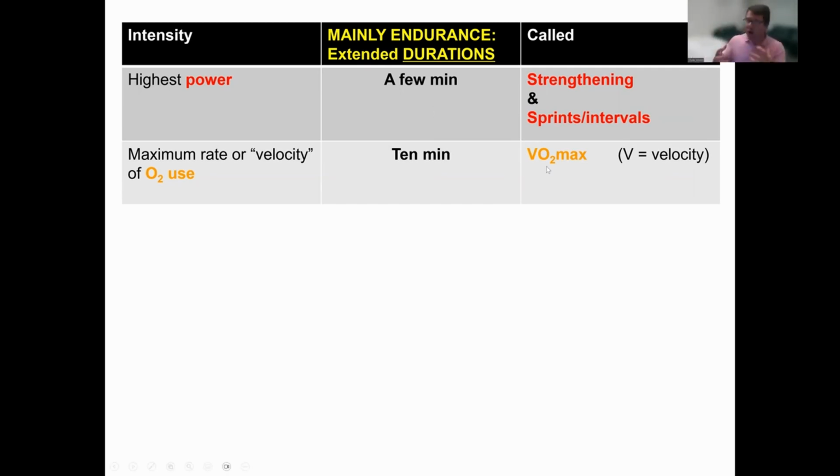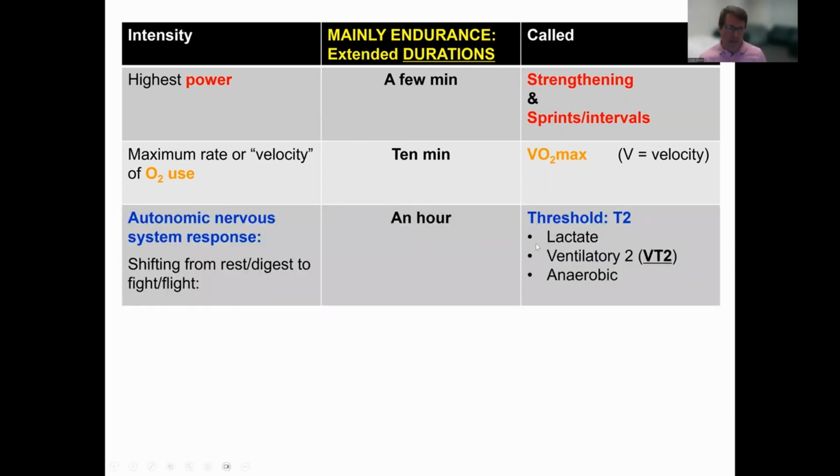If you're getting stronger from an activity, you're probably not going 10 minutes straight with repetitions that last that long. That is more of a cardiovascular exercise at your VO2 max, your maximum volumetric flow rate of oxygen delivery and use, and therefore your maximum fat burning rate.